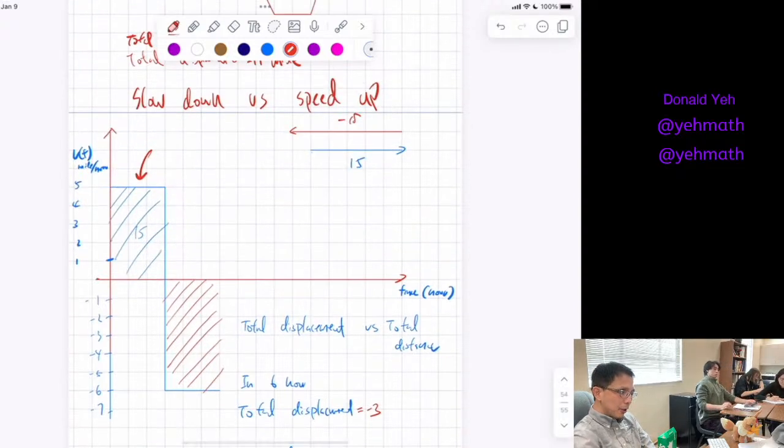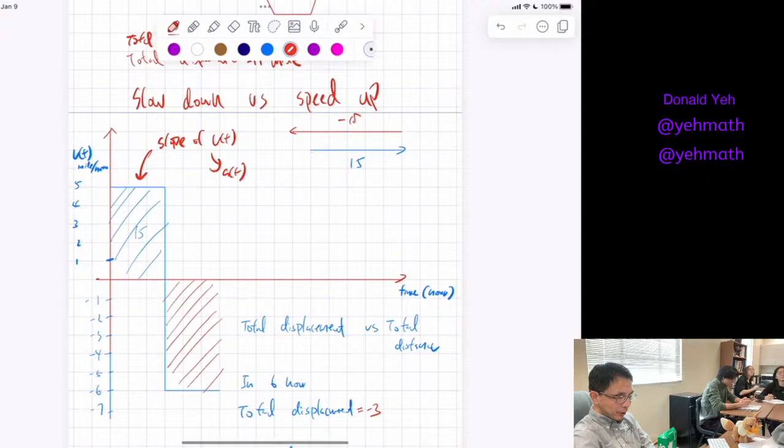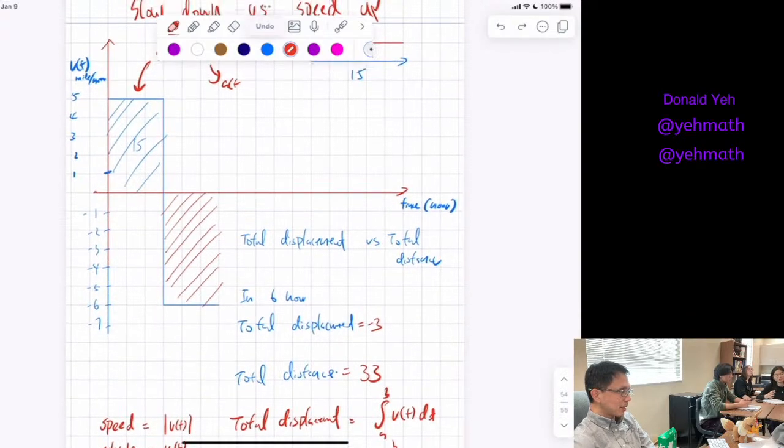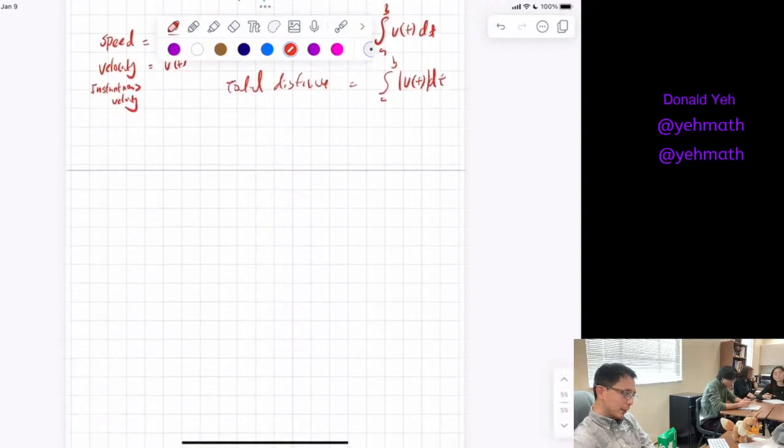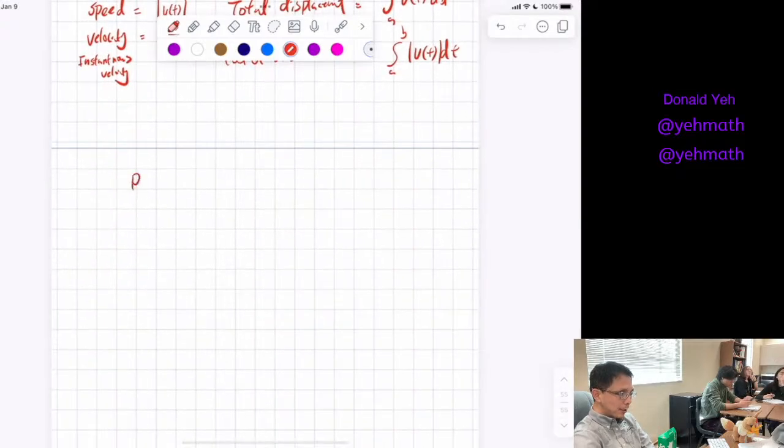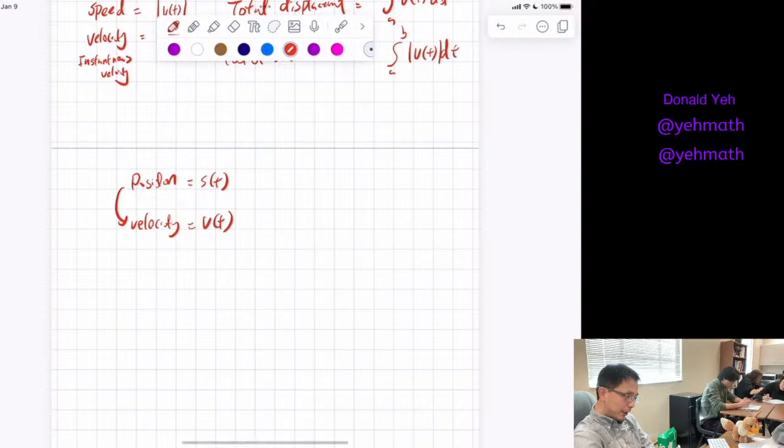Now, the slope of this line on the velocity graph is equal to acceleration. Well, that gave me some ideas. The relationship between positions: position is equal to s of t. How do I get to velocity? Velocity is the derivative. Good. So it'll be d/dt, right?